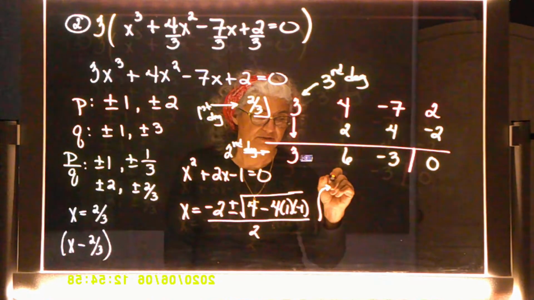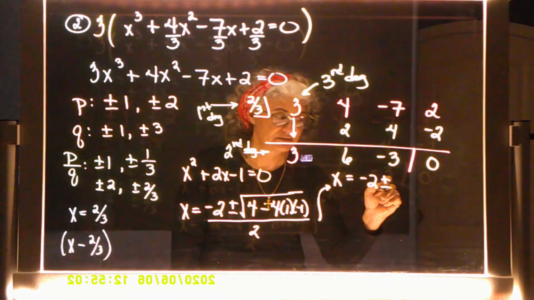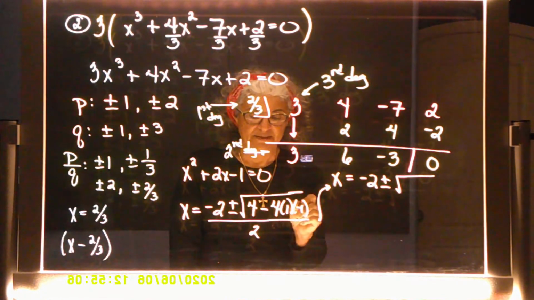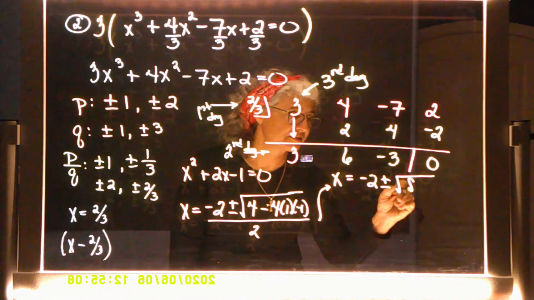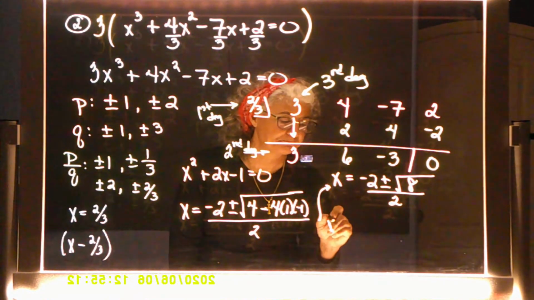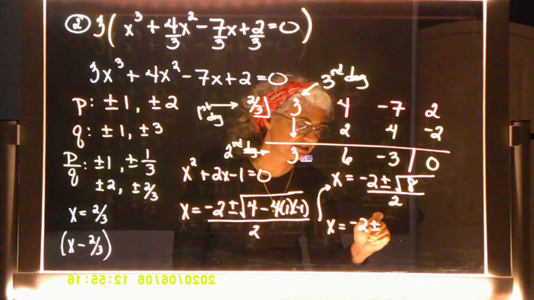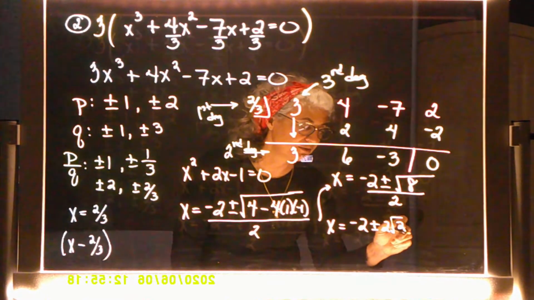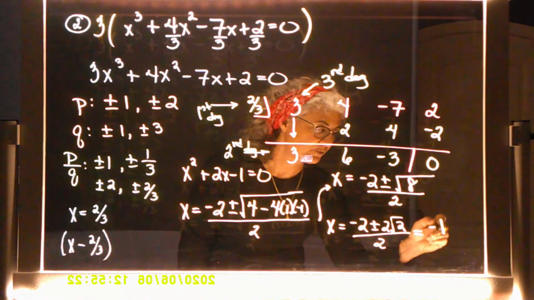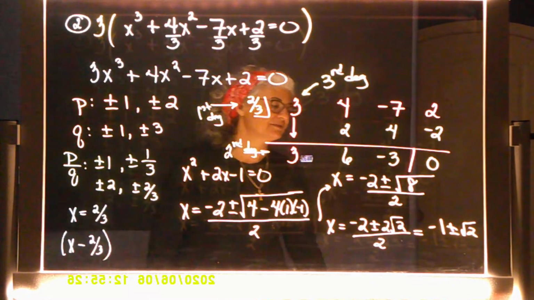Okay, so that means x equals -2 plus or minus the square root of 4, that's going to be plus 4 here also, so that's going to give me an 8 underneath, isn't it? Over 2. And that square root of 8 can be simplified to 2 square root of 2 over 2, which means -1 plus or minus the square root of 2.